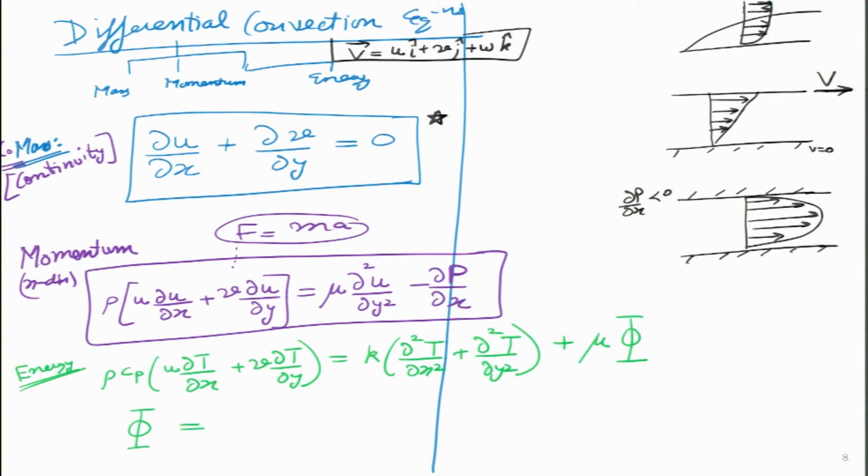Phi, by the way, is known as the viscous dissipation term, or the viscous dissipation function, and is given by this particular equation over here.